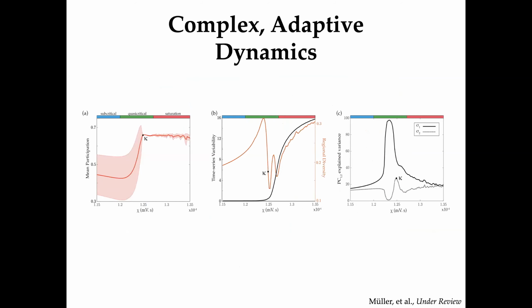I don't have time to get into it here, but you actually see a lot of the same signatures of complex adaptive dynamics that people have found in different systems level neuroscience experiments. So for example, the network becomes more integrated and more low dimensional as you move into this quasi-critical regime, which I think is really important.